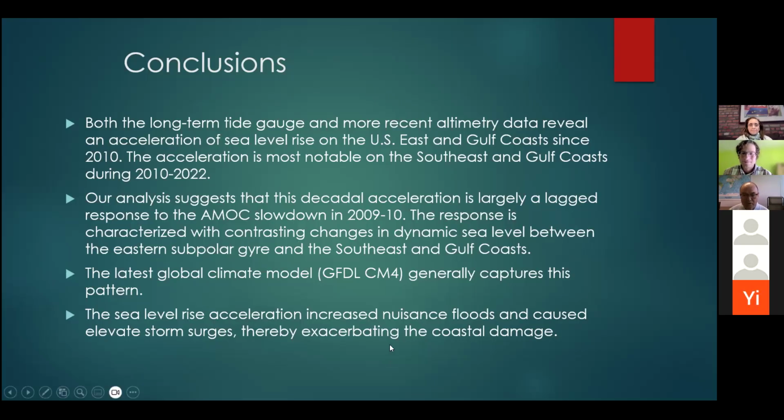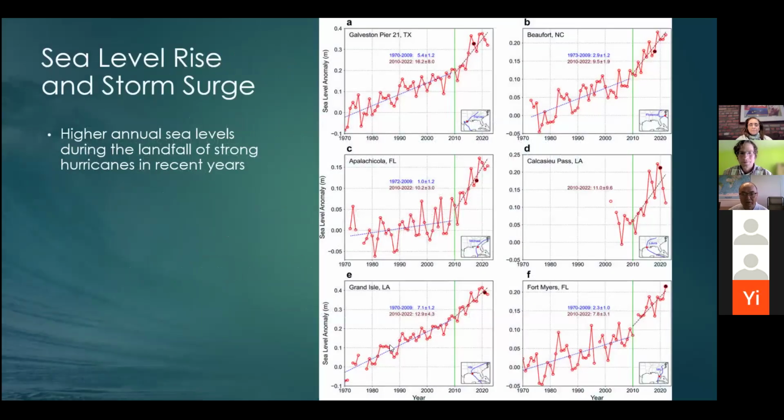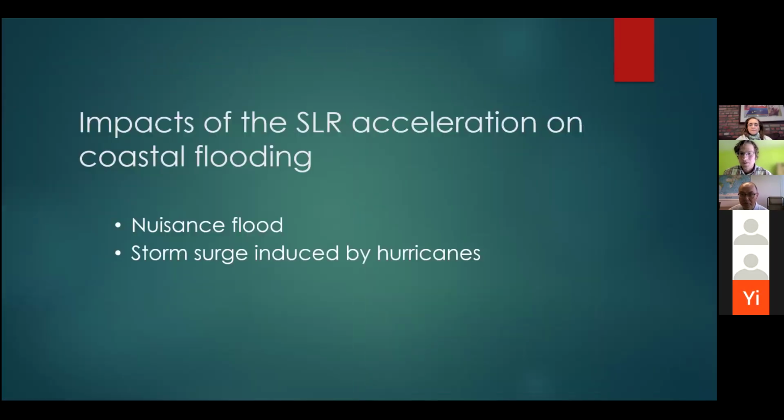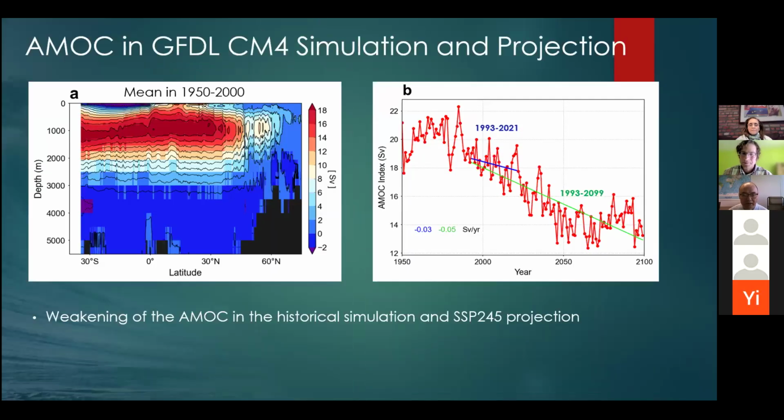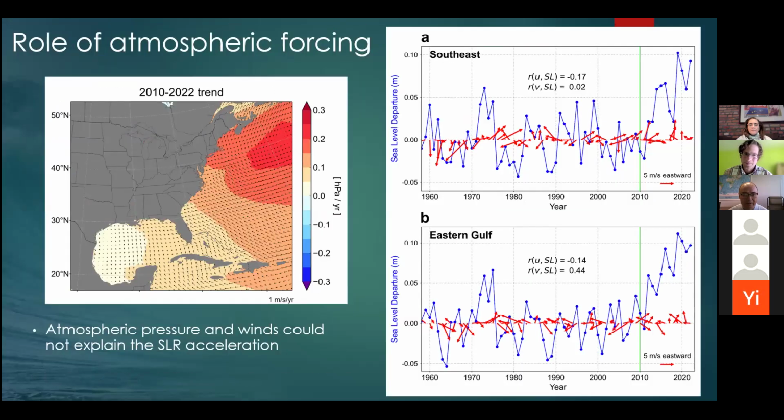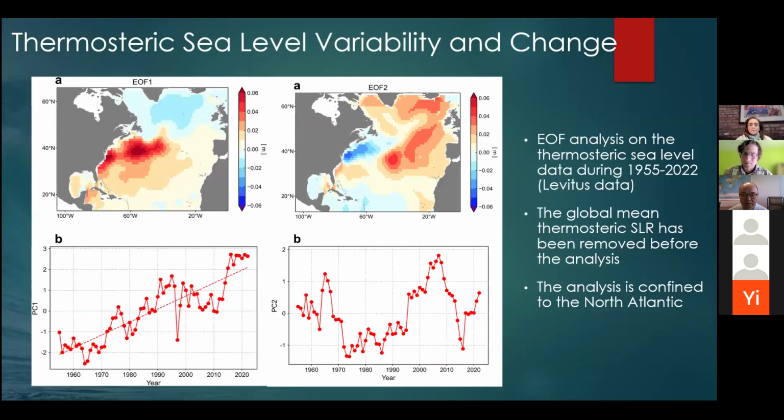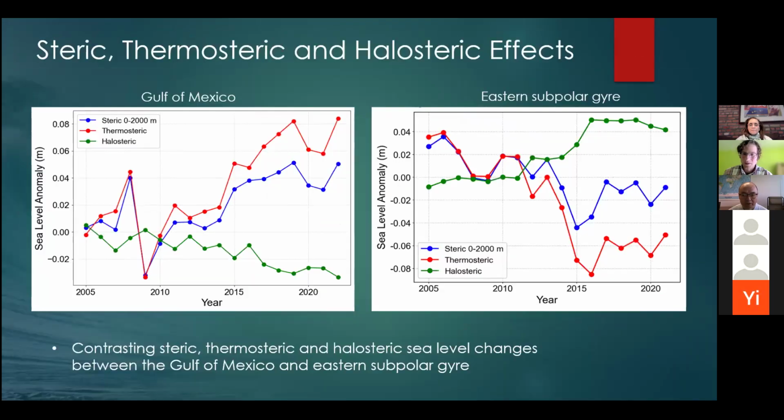Okay, good question. So the Levitus data, we used the upper 2,000 meters. So let's go back to that slide. Okay, so this is the thermosteric and halosteric sea level data from Levitus data.